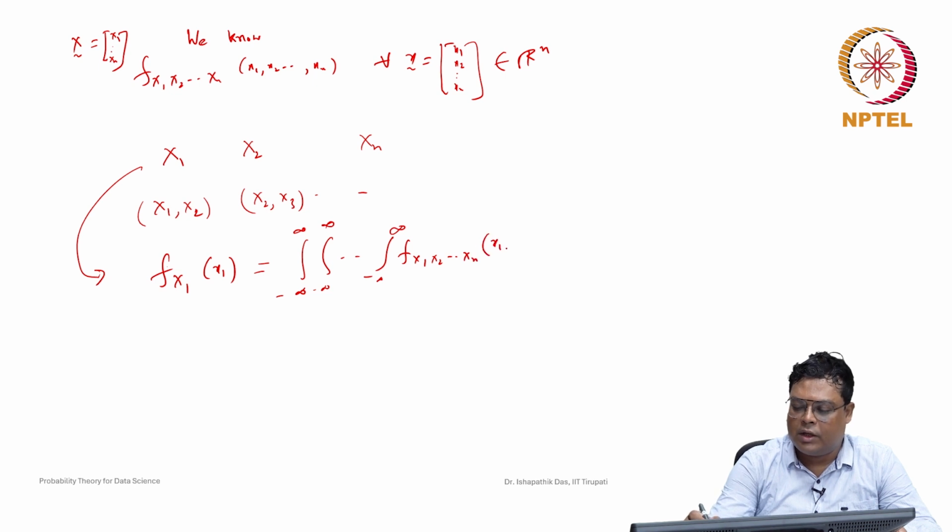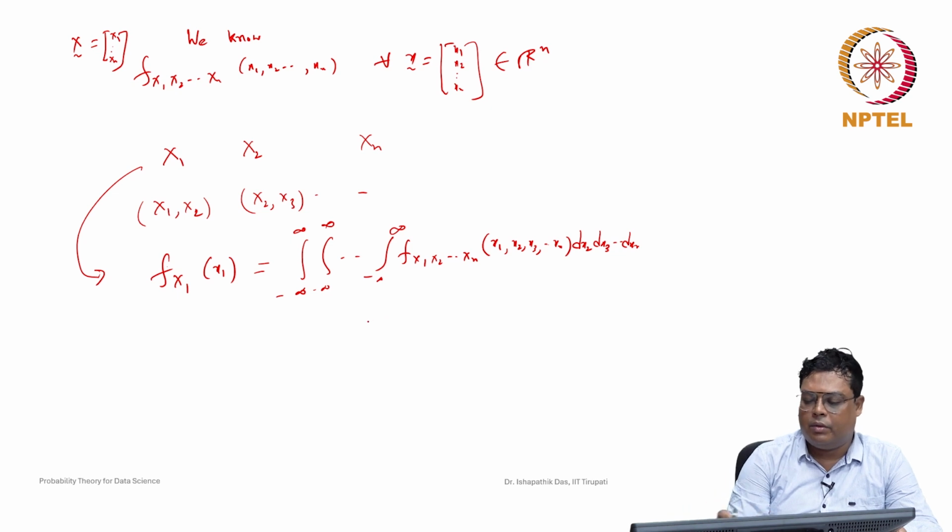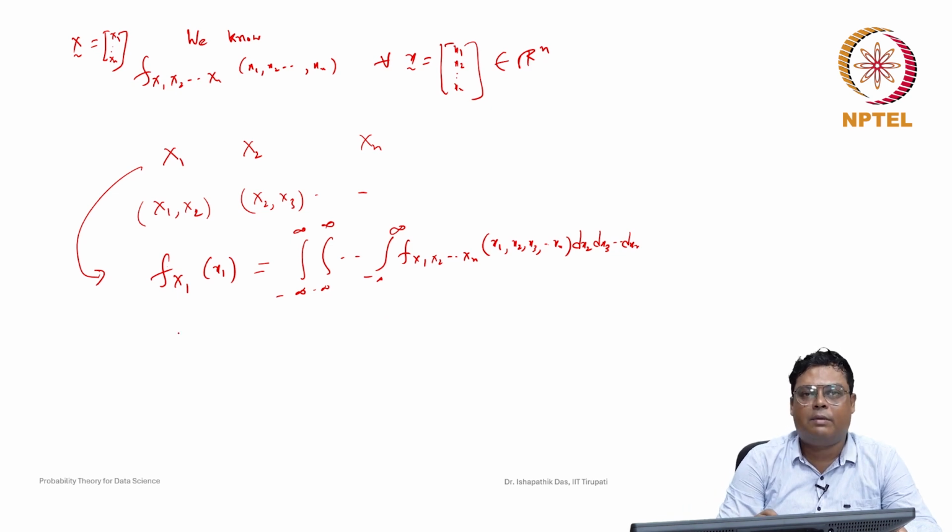So we keep x1, and then integrate over x2, x3, ..., xn, dx2 dx3 ... dxn. If you do this, you will get the marginal probability density function of x1.